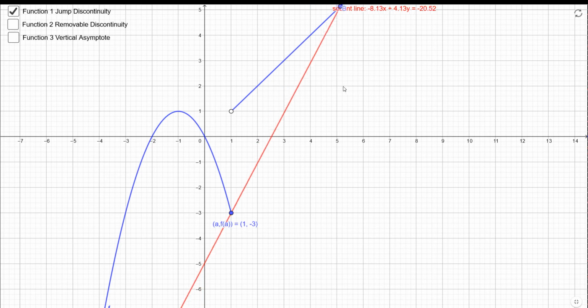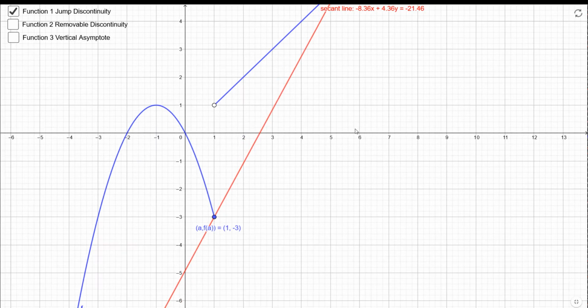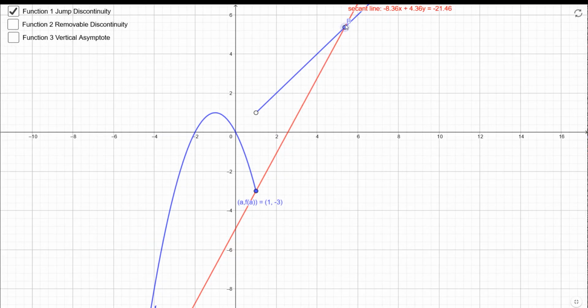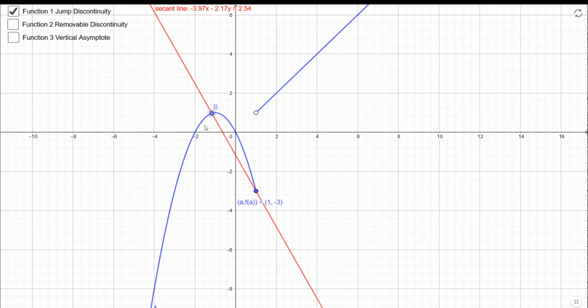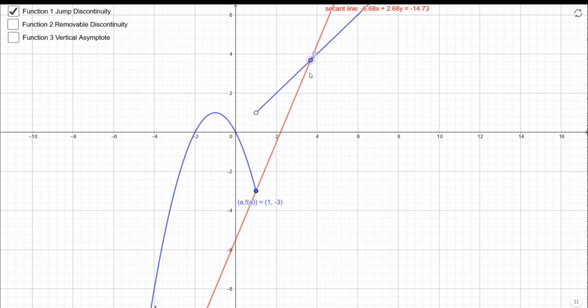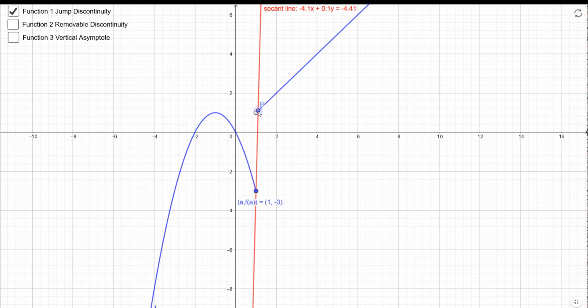But look what happens from the other side. We have this jump discontinuity. As we're coming in here, the slopes just keep getting bigger and bigger and bigger. There were negative slopes over here, positive slopes over here, but the slopes are approaching infinity. As we approach from this side, that line is approaching a vertical line which doesn't have a slope.